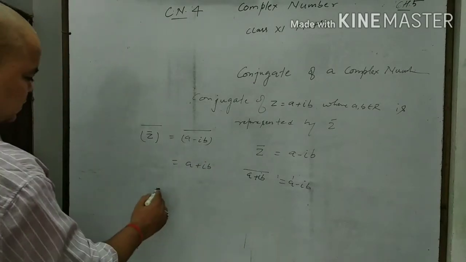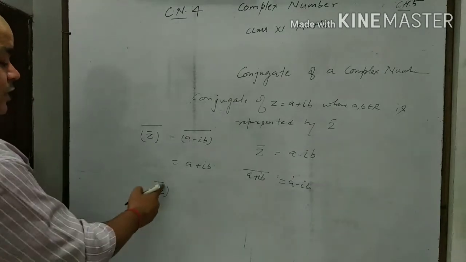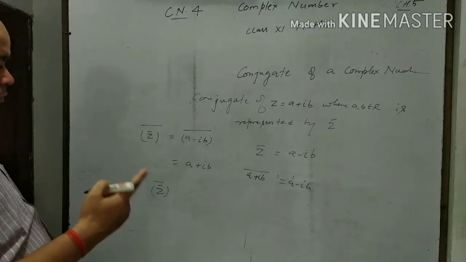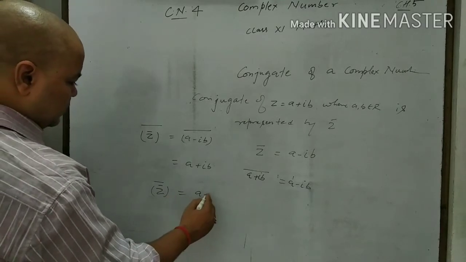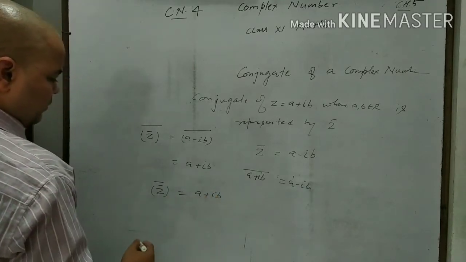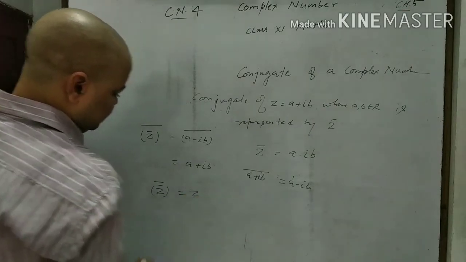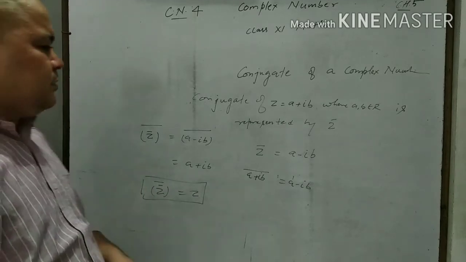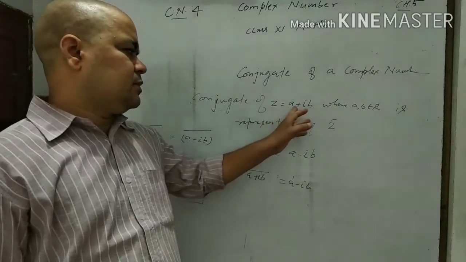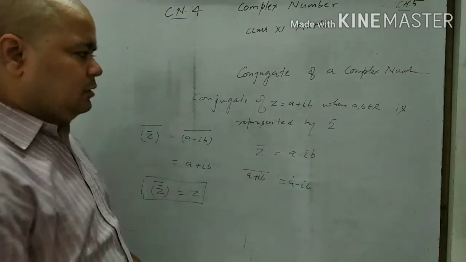It means conjugate of any complex number a plus ib, we can write it like this. If we have any complex number a plus ib, then its conjugate will be a minus ib.